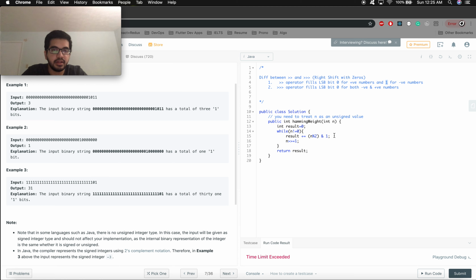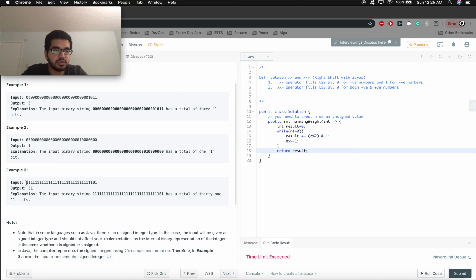But when you keep on doing the right shift, there is no point at which the algorithm stops. It continuously loops, and at some point it runs out of space.